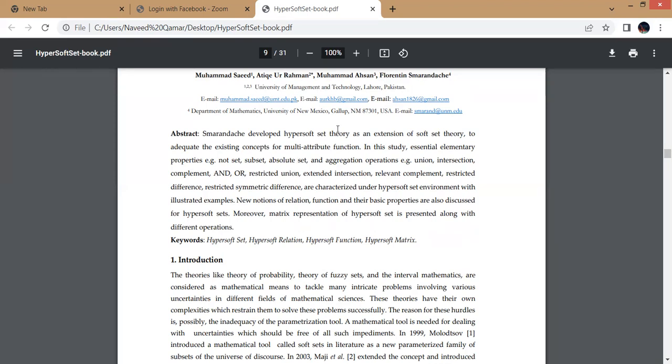In our previous lectures, we have discussed these operations for soft set. Here we will discuss these operations and properties for hypersoft sets. The keywords in this paper are hypersoft set, hypersoft relation, hypersoft function, hypersoft matrices.